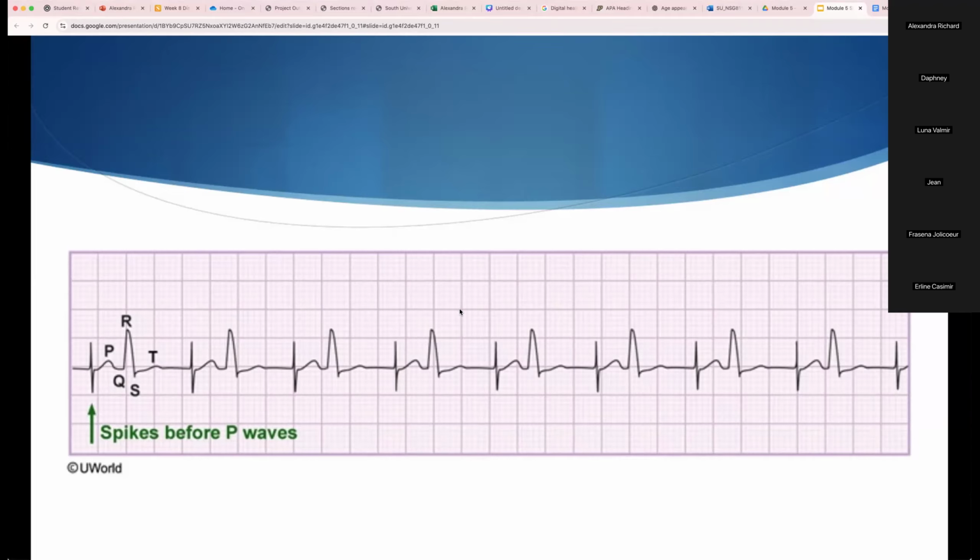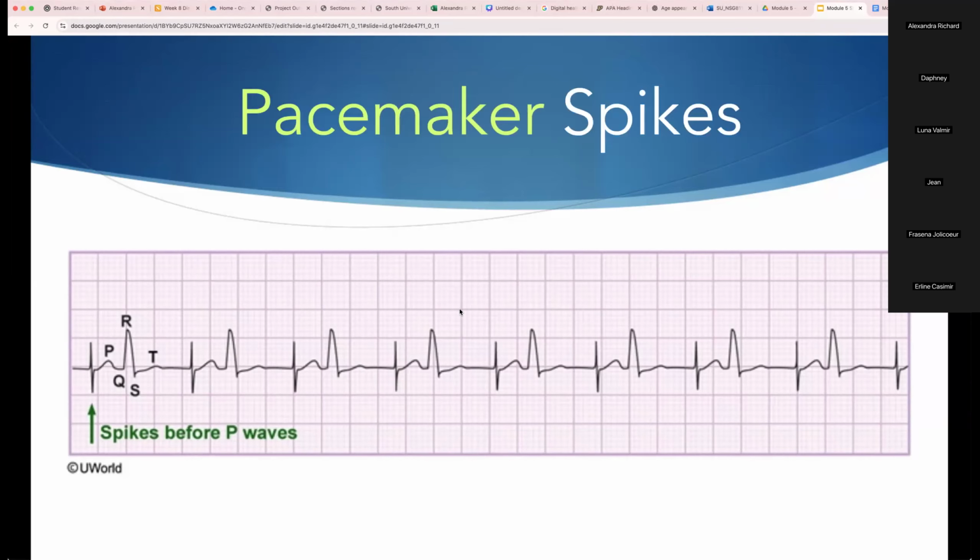Atrial paced. Why? They're atrial paced because the pacemaker spike comes before the P wave. Very good.